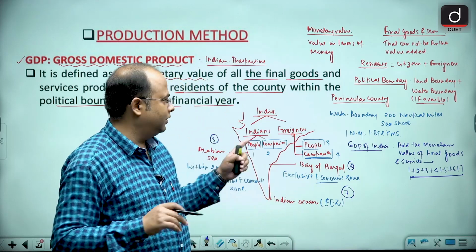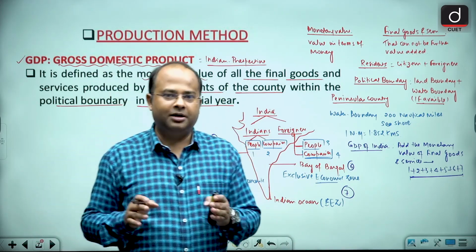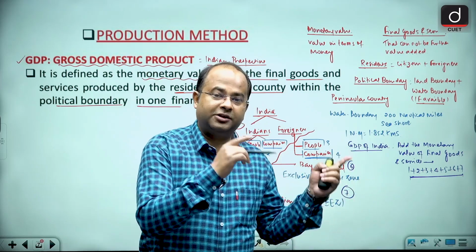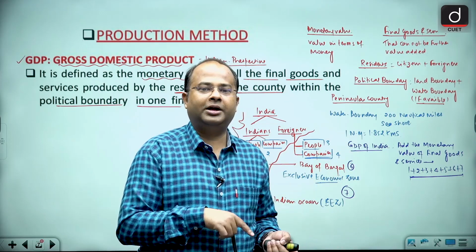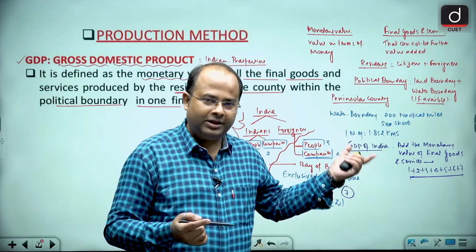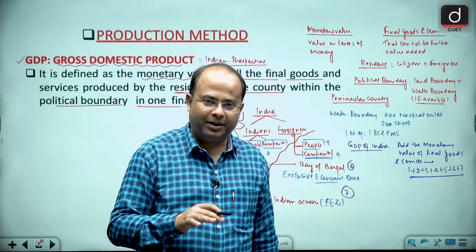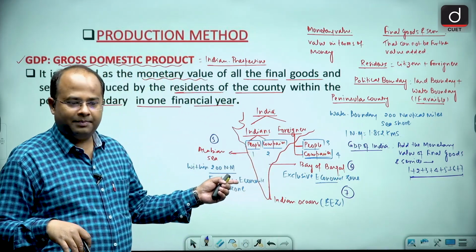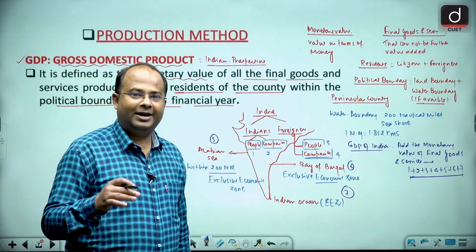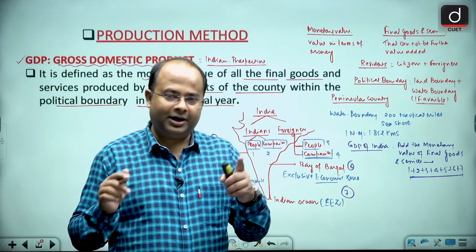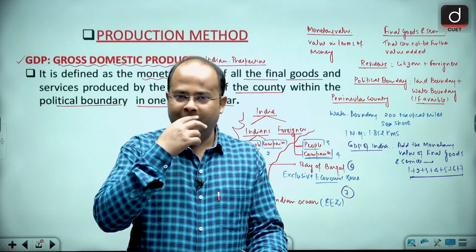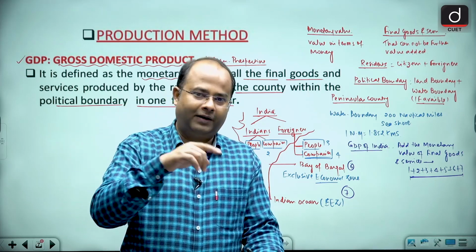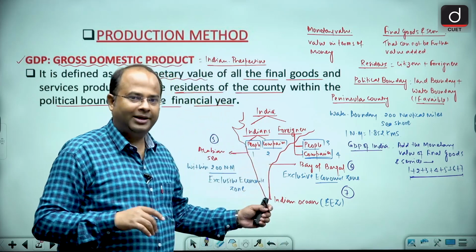In GDP, you will find the monetary value of all final goods and services earned by Indian companies and people within the political boundary of India, plus foreign companies and foreign people earning within it. And since India is a peninsular country, up to 200 nautical miles from the seashore, whatever economic activity happens, like fishing or extracting oil and natural gas, the monetary value of those final goods and services is also added.